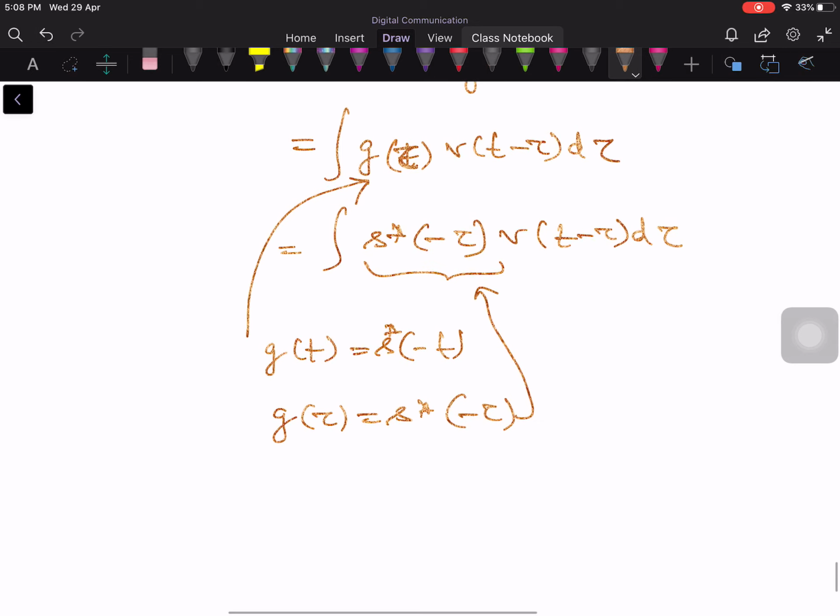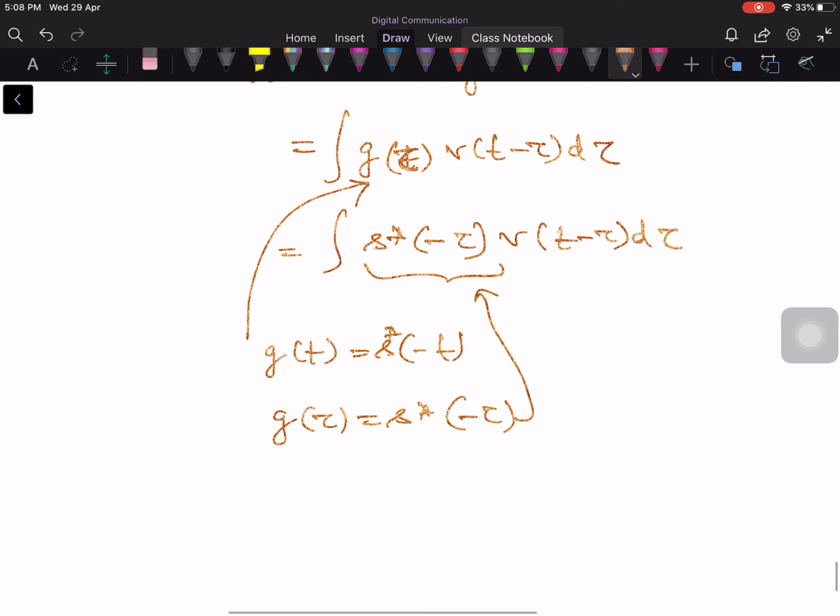Okay, so this is the matched filter impulse response.